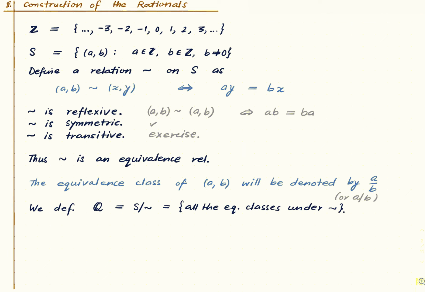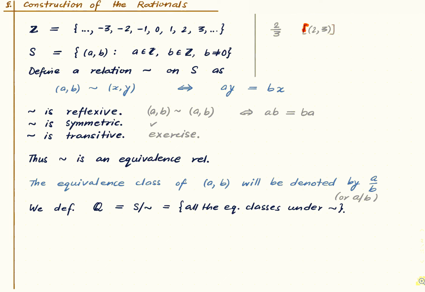And if you think about it, what is this equivalence relation trying to capture? Suppose I have this rational number 2 by 3. It is by definition the equivalence class of this ordered pair, and equivalence class I'm denoting by putting square brackets around.